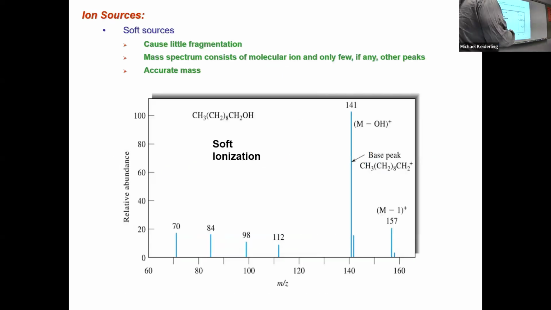Soft sources primarily give you the whole ion, maybe minus OH or minus 1. They cause little fragmentation and give you an accurate mass, but are hard to use. They're not quite as good for fingerprinting.